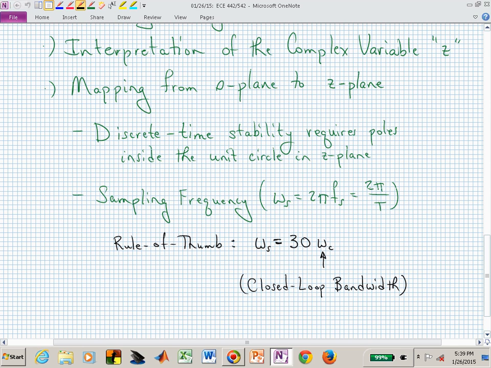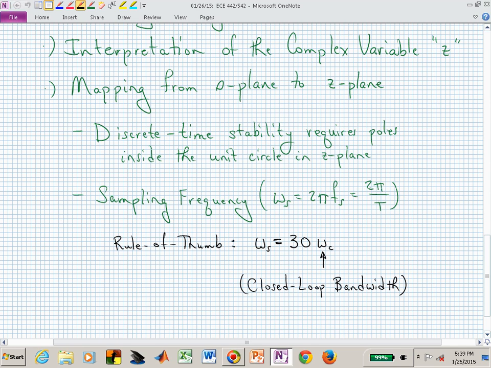Now that you have a Z-domain transfer function, you can realize that with a difference equation. If you wanted to, you could create a block diagram and then come up with a difference equation that relates the inputs and the outputs of that system. And now you can number crunch with your computer to do whatever filtering you want to do. You're going to have a lot of different options available to you.